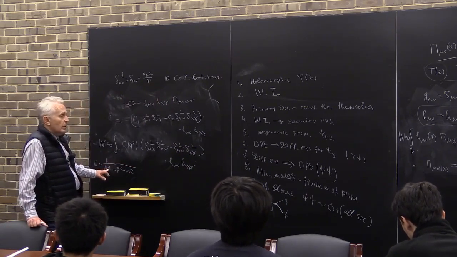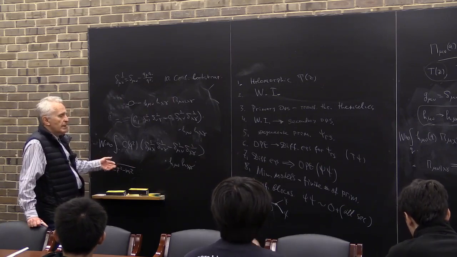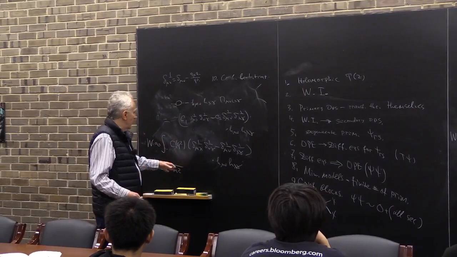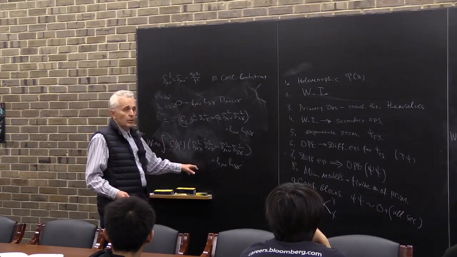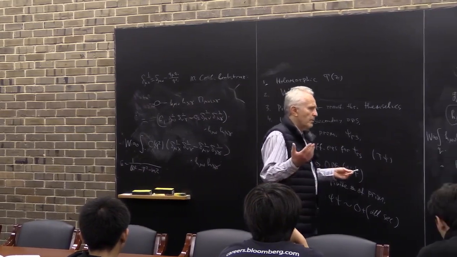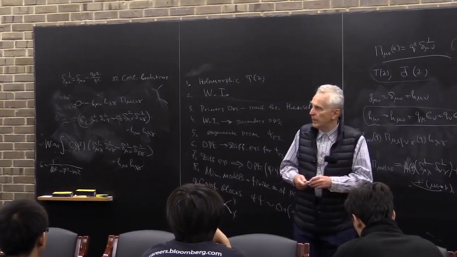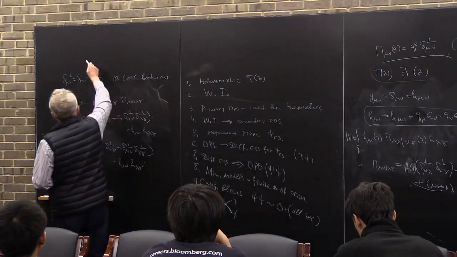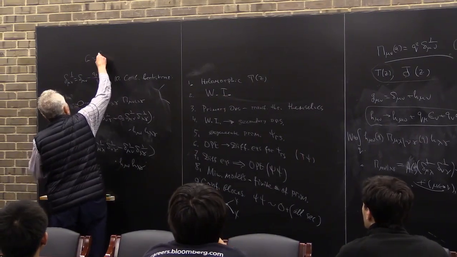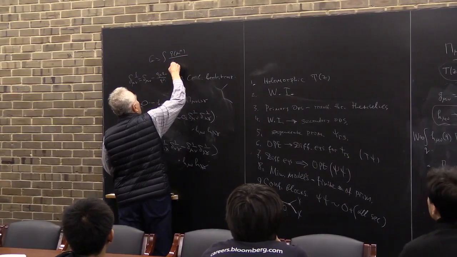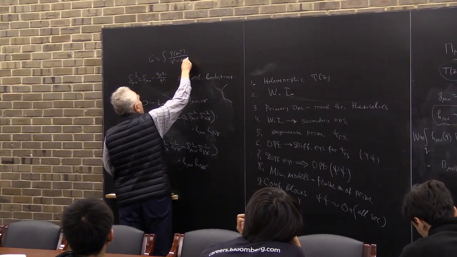So if it's 1 over omega to the 4th, then necessarily there will be a negative norm state. For the most general propagator, I'll give you a hint where it comes from: the so-called Lehmann representation, when you represent the Green function as an integral of rho of m square over q square minus m square plus i0.